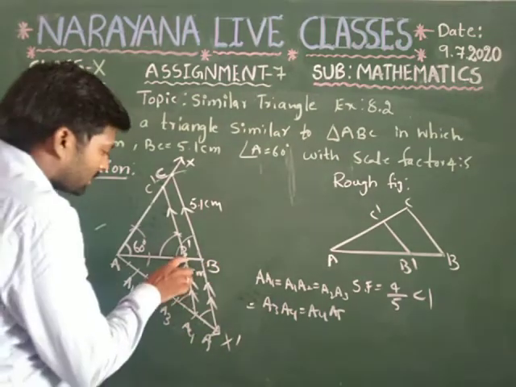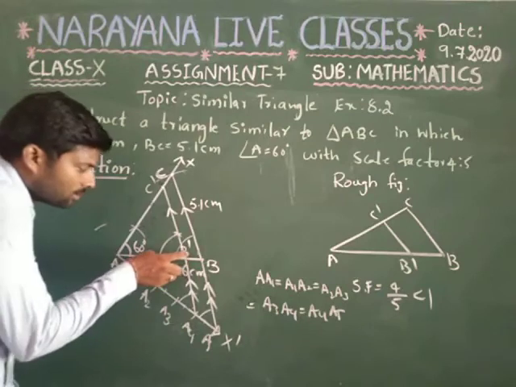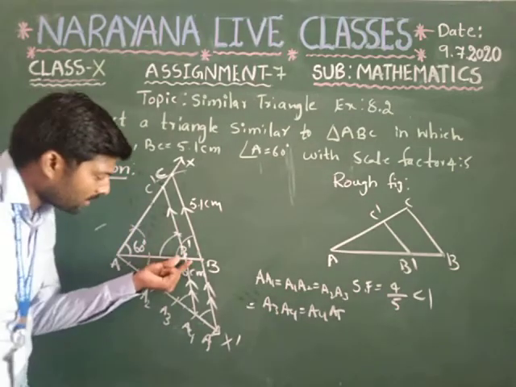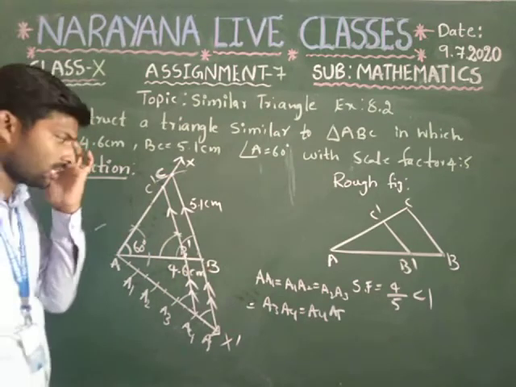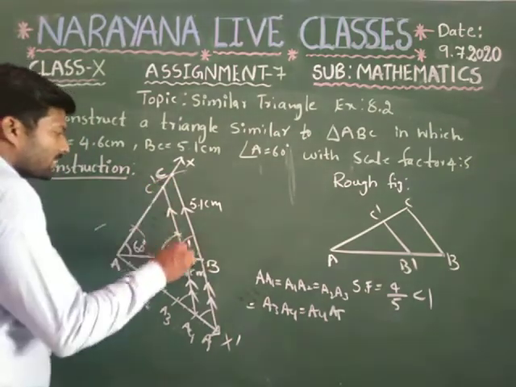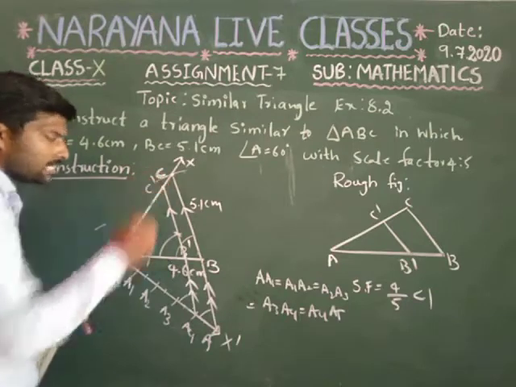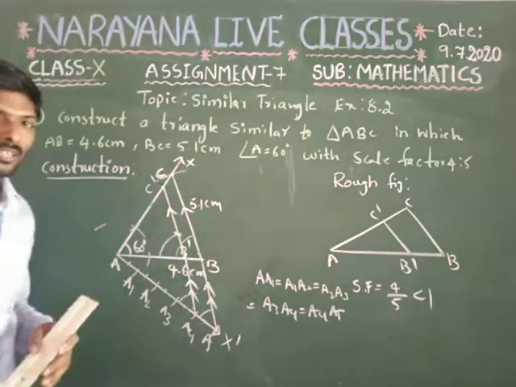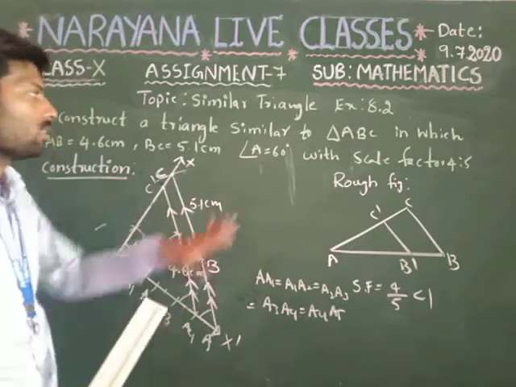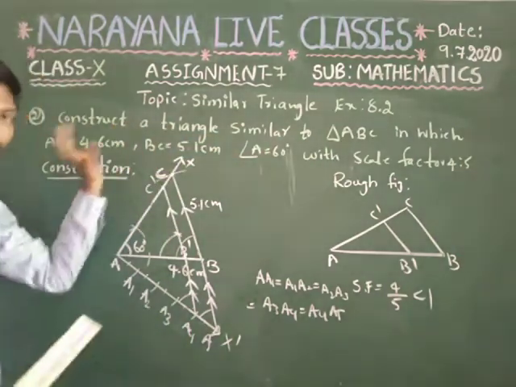This will intersect line segment AB at point B dash. Again from that, draw one more line parallel to CB. This line will intersect AC at one point, that is considered as C dash. So likewise we have constructed a similar triangle based on the given triangle and the given measurement.